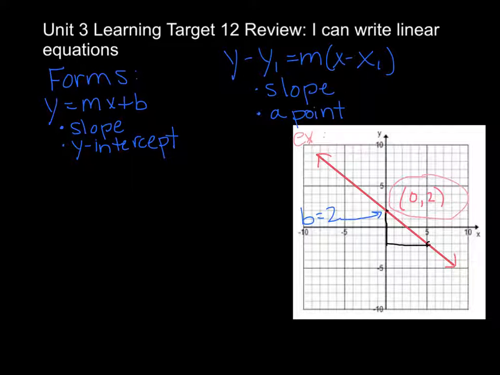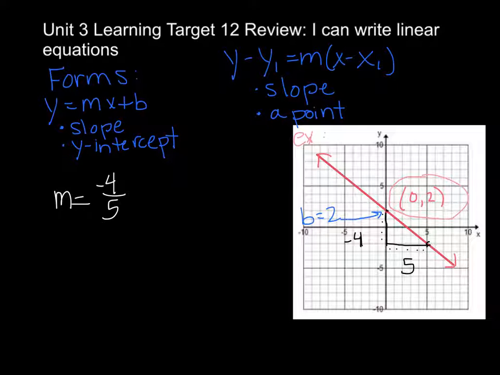It's going down, so it's negative. Negative how many? 1, 2, 3, 4. Negative 4. And how many does it go over? 1, 2, 3, 4, 5. 5. So for this line, our slope is rise over run, negative 4 over 5.